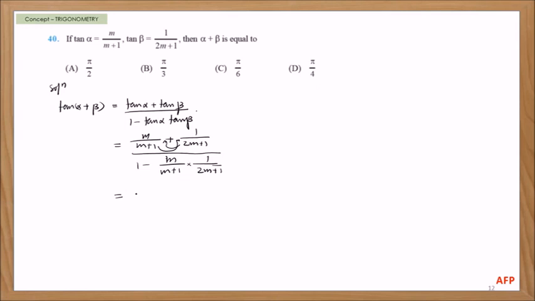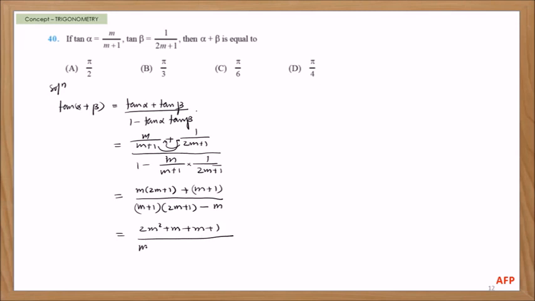So m into 2m plus 1 plus m plus 1, whole divided by m plus 1 into 2m plus 1 minus m. If I multiply m inside, 2m square plus m plus m plus 1. In the denominator, if I multiply, 2m square plus m plus 2m plus 1 minus m.